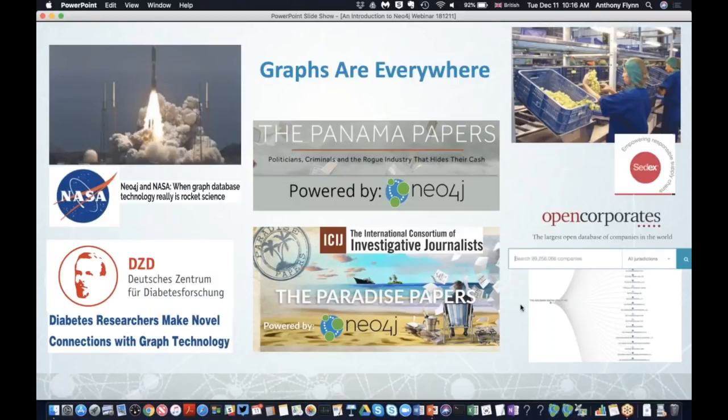So essentially it's tying together more than 70 years of rocket program data using a graph model to link it all together and enable its scientists and researchers to be more effective. On the lower left there, you've got the DZD in Germany, which is making powerful inroads in the fight against diabetes, again using Neo4j to link together research data and make it more explorable in a way that hasn't been possible before.